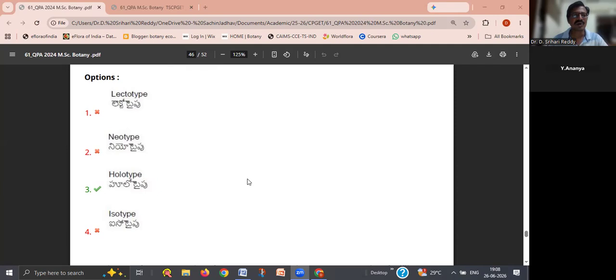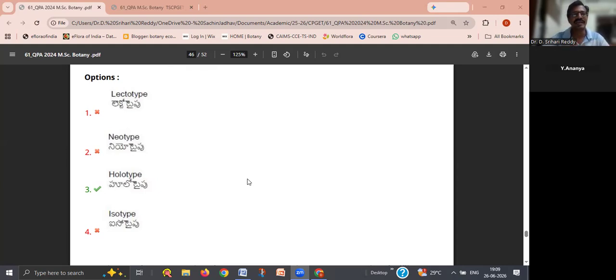So what is isotype? The duplicate of the holotype is called isotype. The original specimen used by the author to describe that plant is called holotype, but we maintain some extra copies, duplicate, triplicate. The duplicate of the holotype is called isotype.